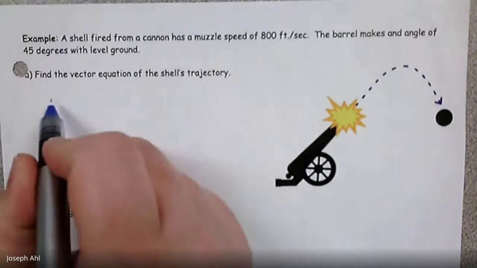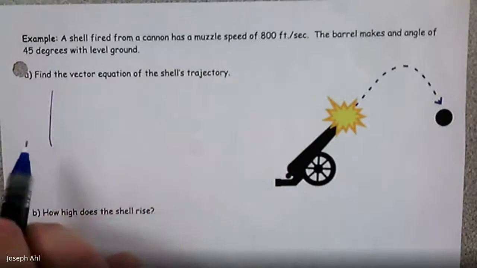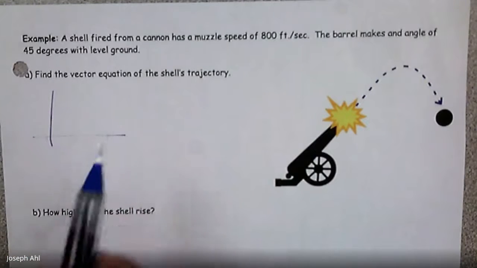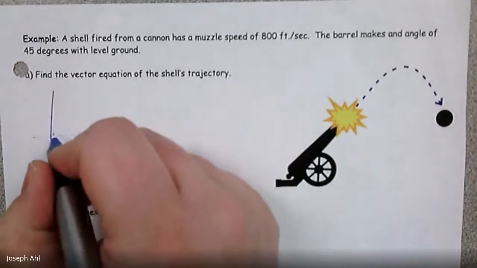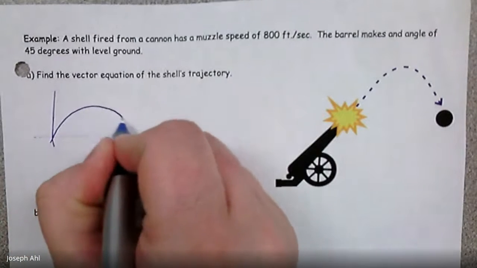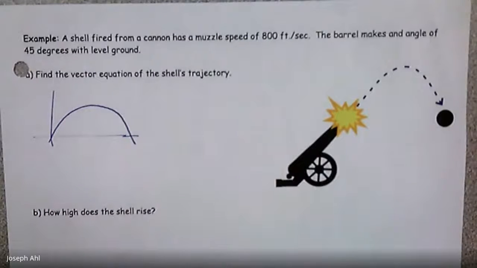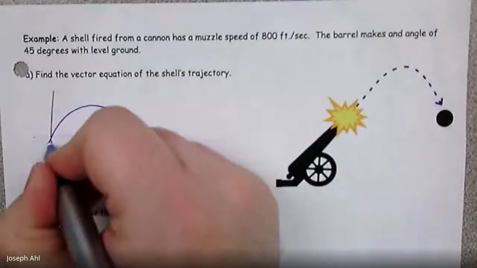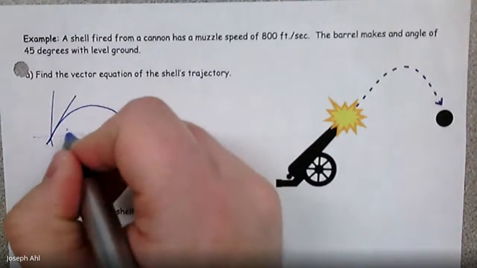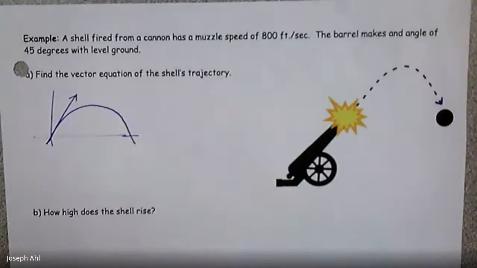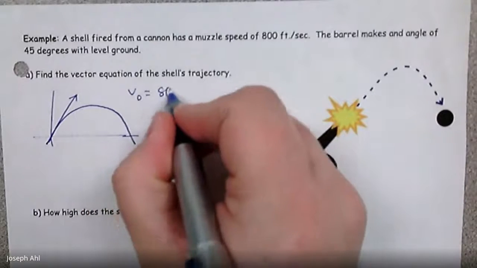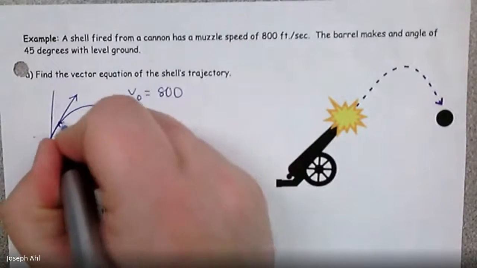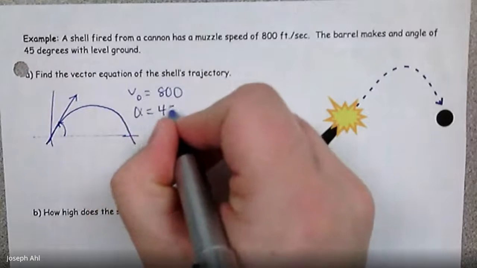Okay, so since it's being launched at a 45 degree angle with the ground, we're going to have that this is the path that the cannonball takes with some initial velocity. The initial velocity is 800 feet per second, and the initial angle alpha is 45 degrees.